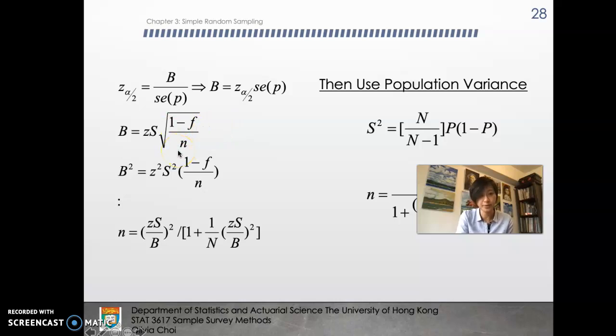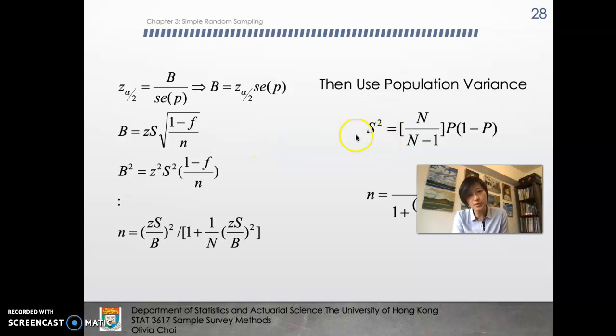estimated variance of proportion. Now in this textbook, it is slightly different with the formula for the sample size. Instead of just simply using the estimated variance, we want to use S, which is an estimated variance for the population.